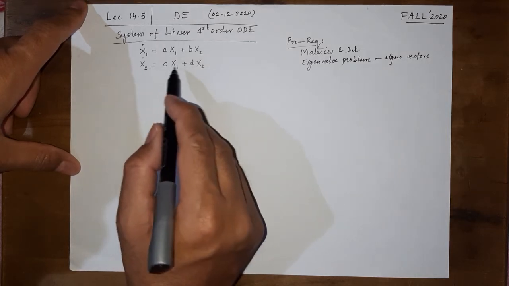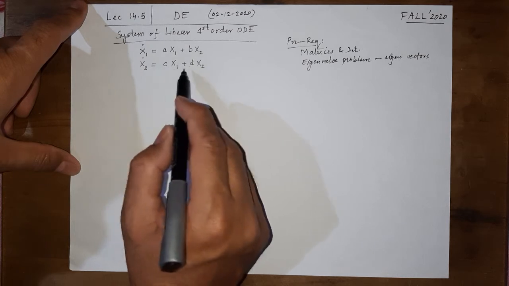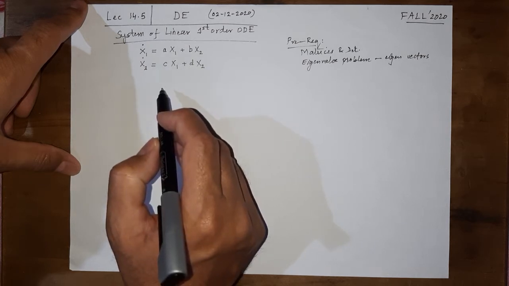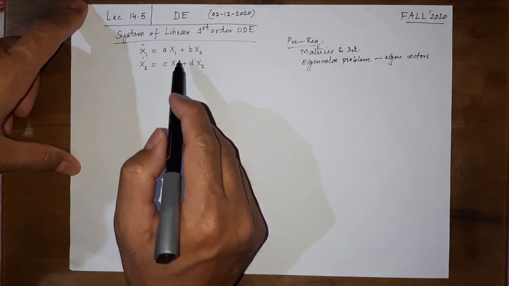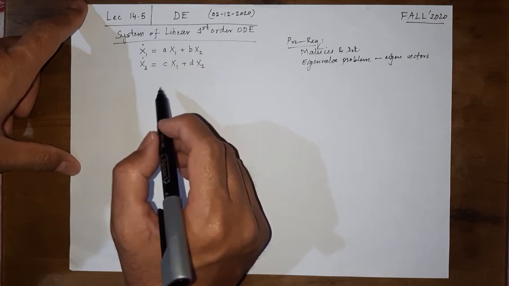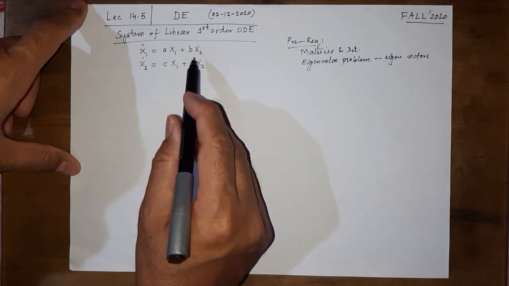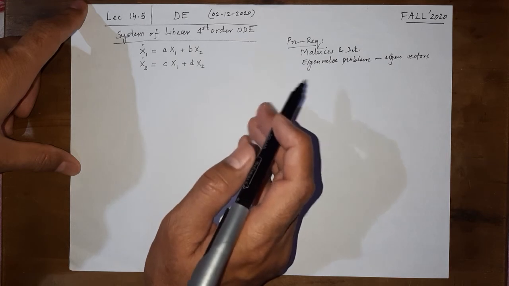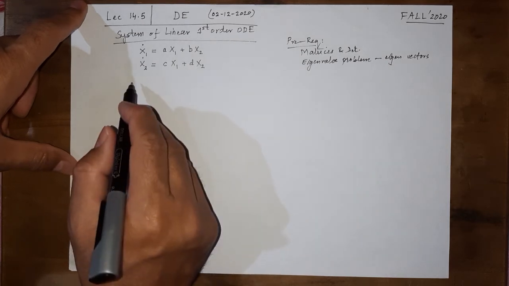So when we have a system of linear differential equations, then we can write them in matrix form, just like we can write simultaneous equations in algebra in matrix form.